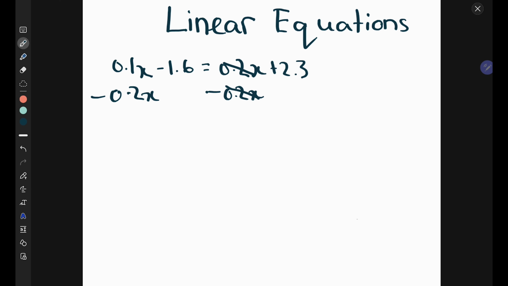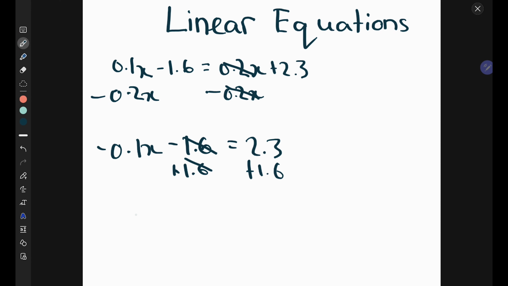And 0.1 minus 0.2 is minus 0.1x. So yeah, we have that, and then we have minus 1.6 equals 2.3, and then we can just plus 1.6 here, so this gets cancelled, and then plus 1.6 here, and then we have minus 0.1x equals 3.9.